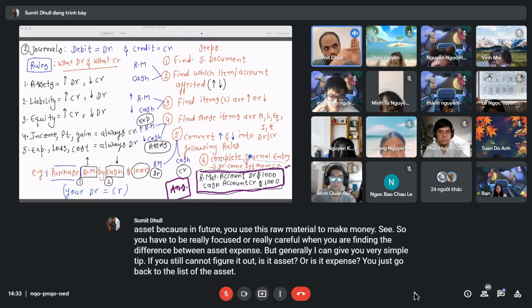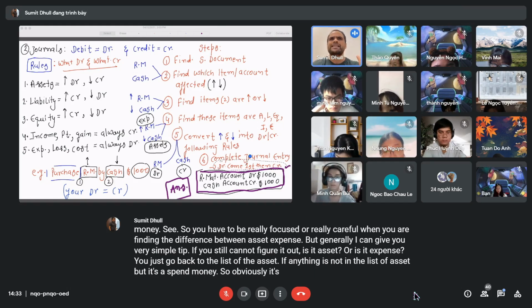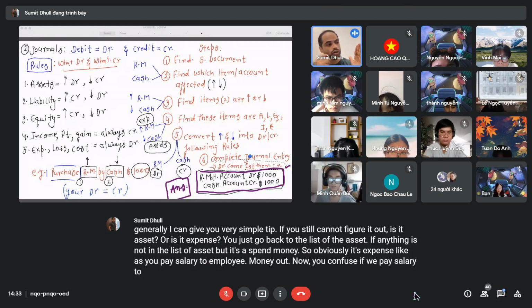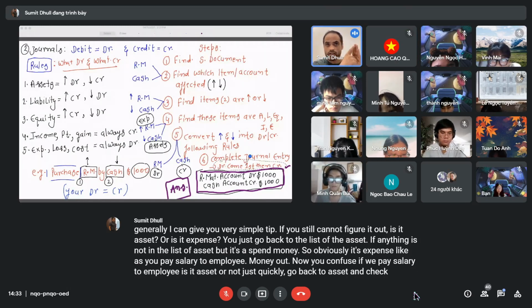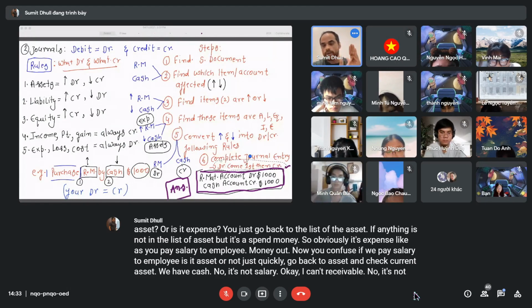If anything is not in the list of assets, but it's spending money, then obviously it's expense. Like when you pay salary to an employee, money out. Now you are confused. If we pay salary to an employee, is it asset or not? Just quickly go back to asset and check current asset. We have cash. No, it's not salary. Okay. Accounts receivable. No, it's not salary. Prepaid expense.